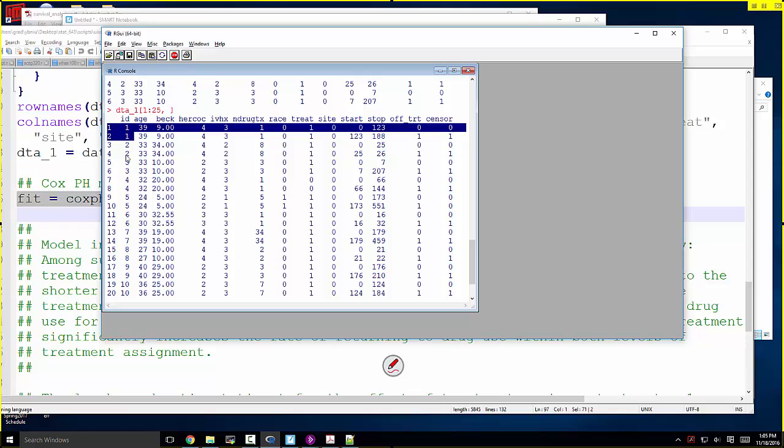I have two rows in my data set for each ID. So you might be concerned about correlation between the individuals, and whether the Cox model is handling correlation correctly. It turns out it doesn't have to worry about the correlation because of the way it estimates the model. Cox-PH is able to handle data set up like this.